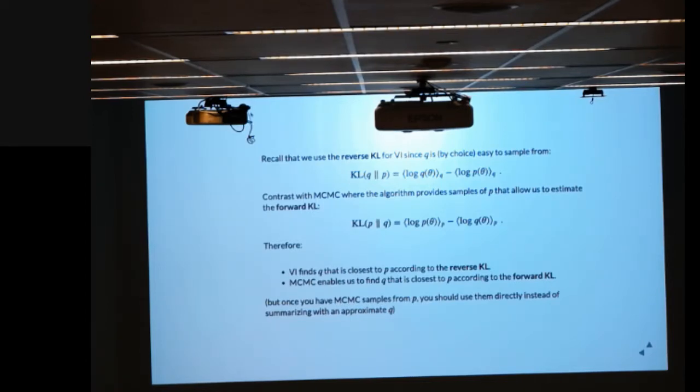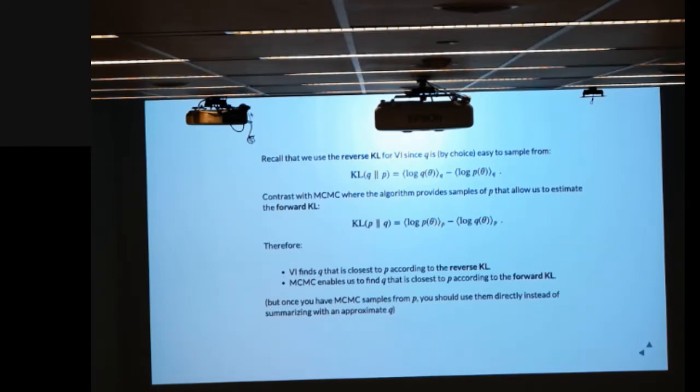But Markov chain Monte Carlo actually gives us samples from the true posterior. Once you've run a Markov chain, you actually have samples of P. So that means you can calculate not the reverse KL, but the forward KL.